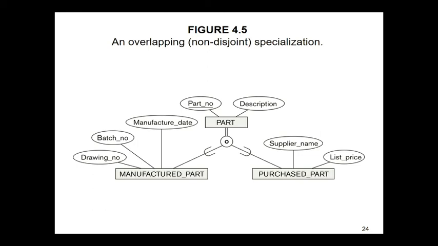So again, with this limited number, I would probably just put it all in one. But it also depends on how many parts you have, how many null values you're going to have, what is the way that we're going to look at this.